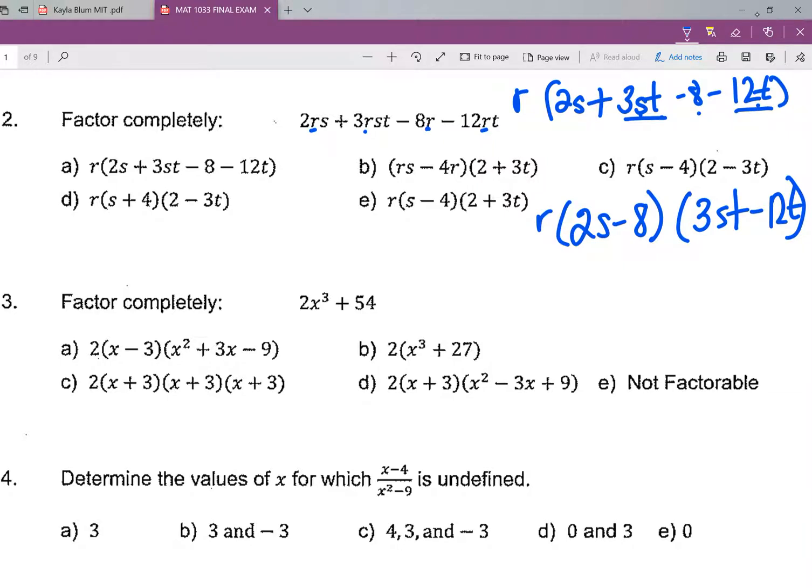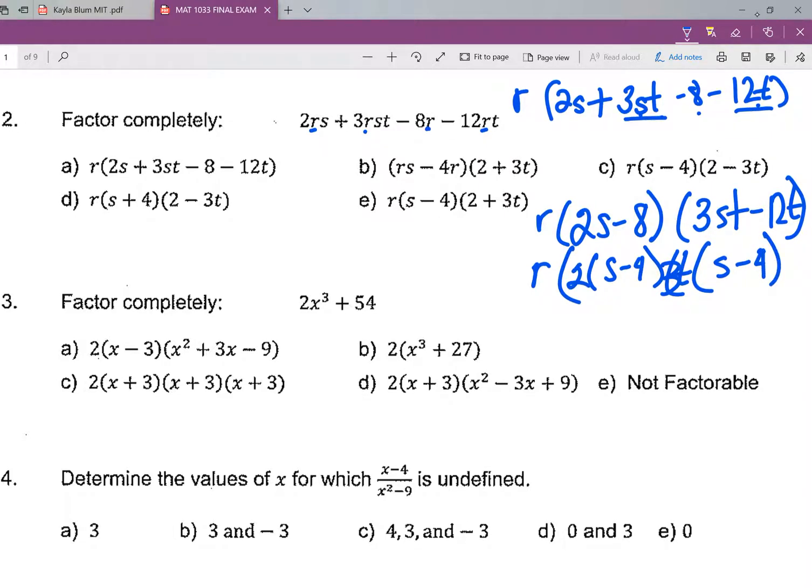So if I take out the 2 in this case, I'll have s minus 4. Mind you, there's an r sitting out here. And over here, if I take out the t, actually I'll take out a 3t, I'm left with s minus 4 again.